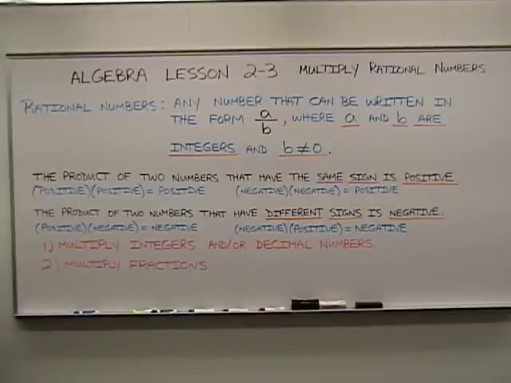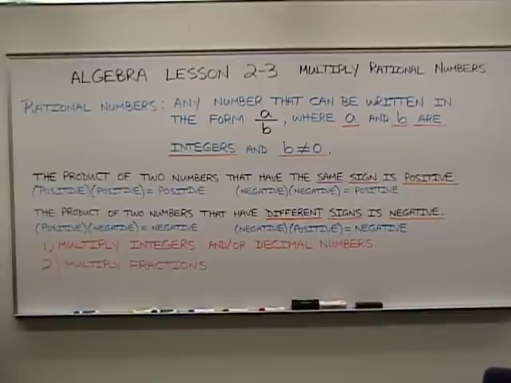to do today. Okay, so today our example problems are going to focus on two particular types of problems. First of all, we're going to take a look at multiplying integers and or decimal numbers. In other words, we're going to multiply integers together, multiply decimal numbers together, or multiply an integer times a decimal. Now, again, remember the key concepts.